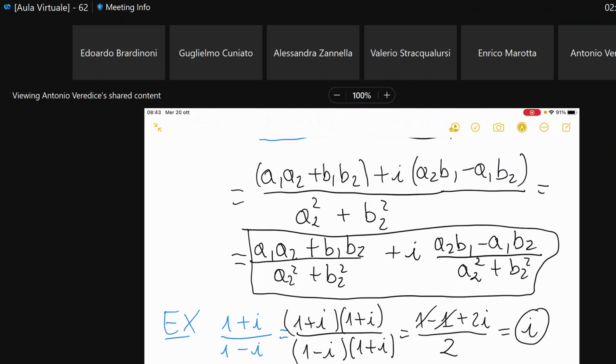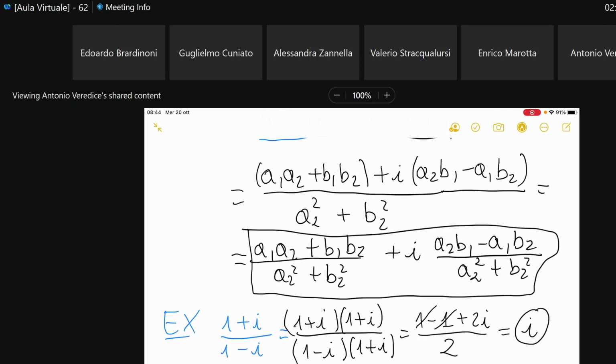What about the second one? The second one has the square of 1 plus I. We already know that the square of 1 plus I is 2I, plus I is 3I, over 1 plus I, and we have to multiply it times its conjugate, so the denominator is 2.